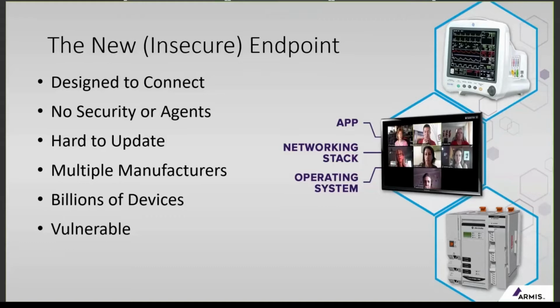Touched on the fact that multiple manufacturers are often involved in building these devices in our landscape. Prior to ARMIS, I worked in an enterprise environment where the manufacturers building our unmanaged and unagentable devices, all of our IoT and OT devices across the landscape, that list was in the hundreds.